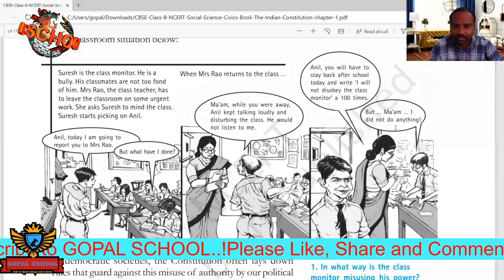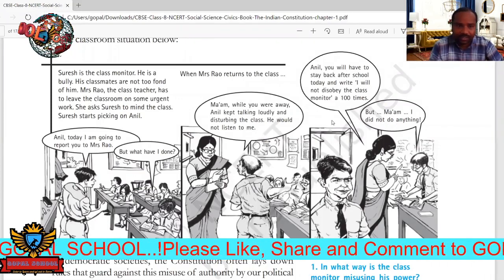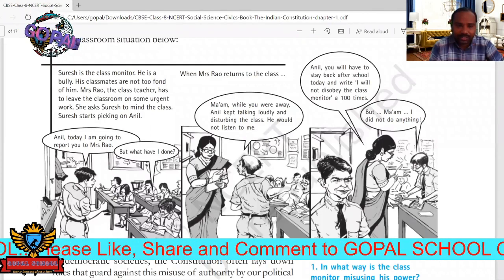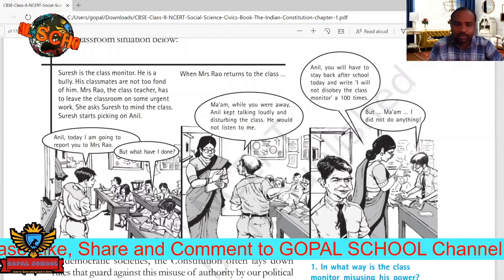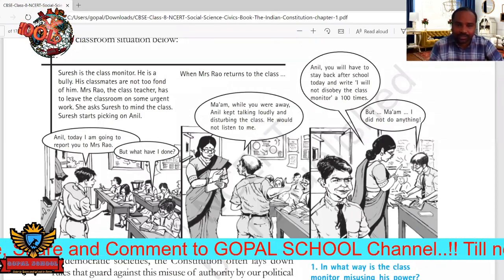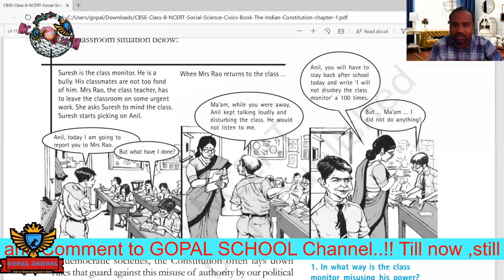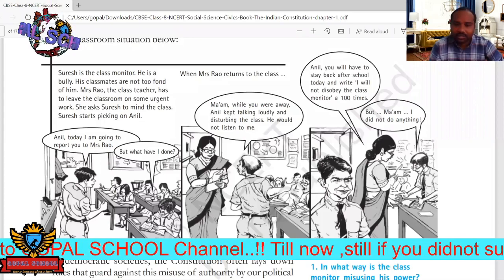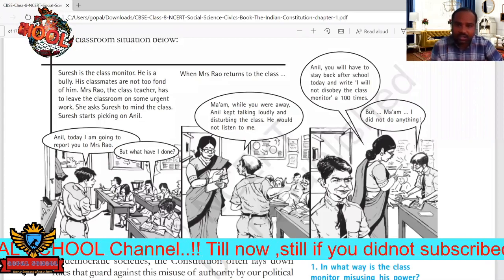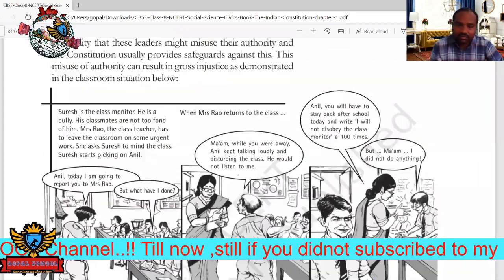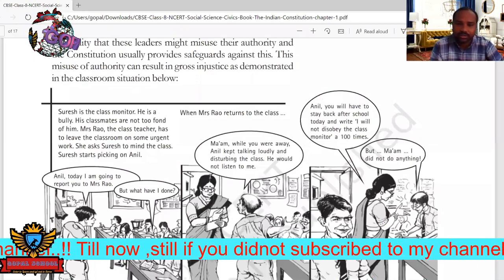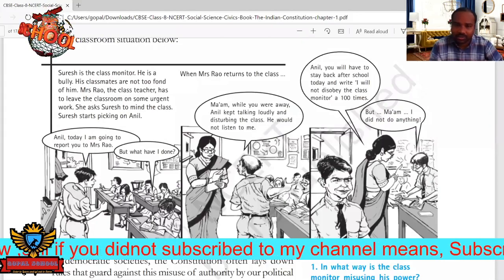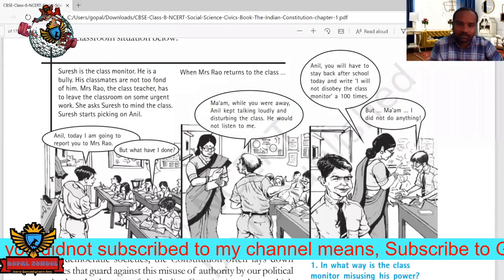His name is Anil. Anil is there, and here the other person is Suresh. Suresh is appointed as a leader, and he is going to misuse the power of leader, and he is going to complain about this Anil, who is sitting very quiet, but he was made to complain to the teacher. Okay. So in this way, sometimes in a democracy, the leaders misuse the power, even though the people did not make any mistakes. Okay, that is one of the drawbacks.